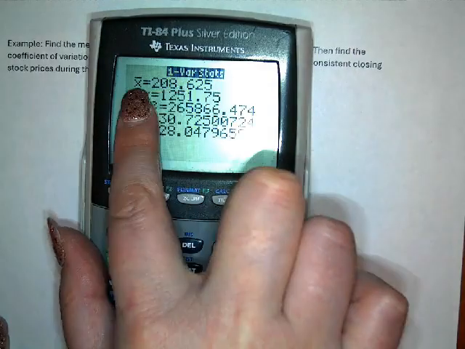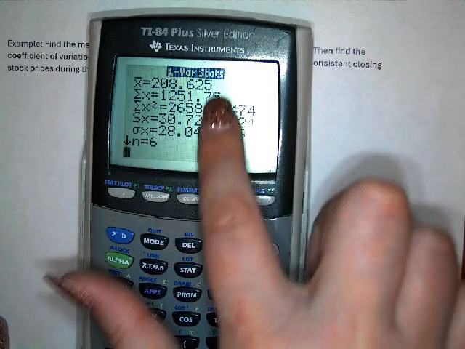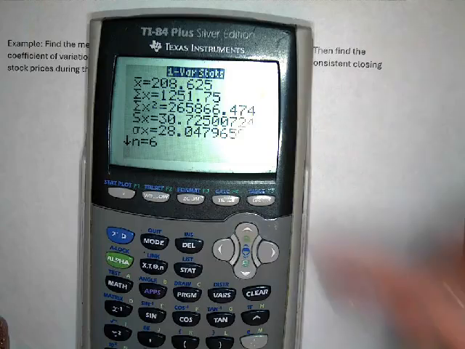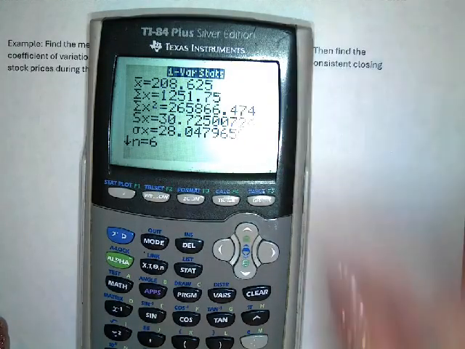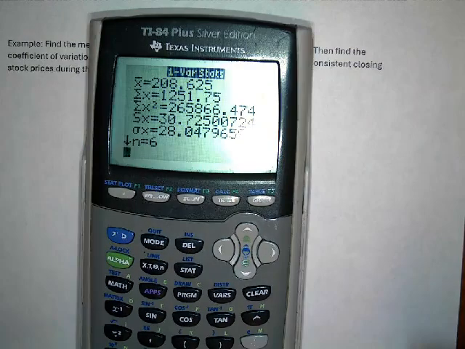Because I don't want to round any answers yet, I'm going to write down as many decimals as I can, because I need to plug these numbers into my formula for my coefficient of variation. My coefficient of variation is S divided by X bar.